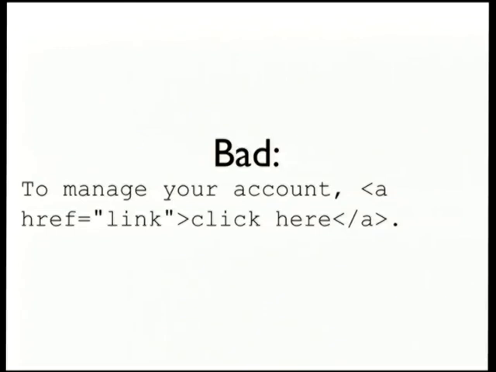I was writing this as sort of an example that might appear in your FAQs or your documentation, and a lot of times documentation writers want to do more natural language, so instead of a bullet point of links, you would do something like full sentences. Yeah, bullet points, definitely good. Even in this sentence, you could just do manage your account and make that a link.